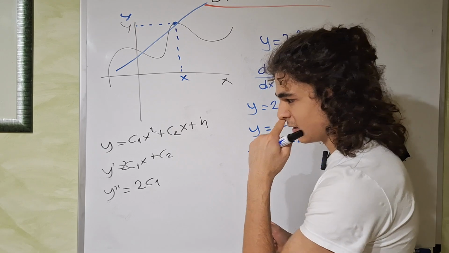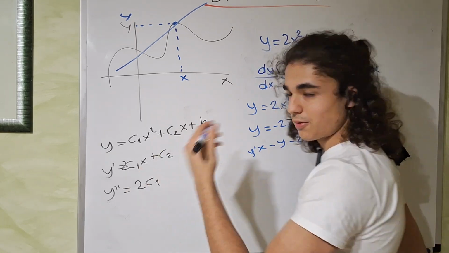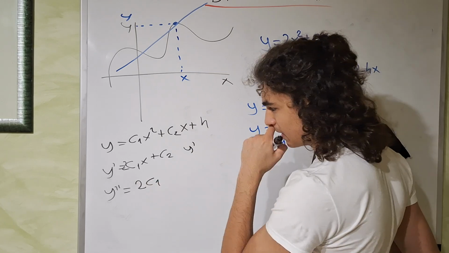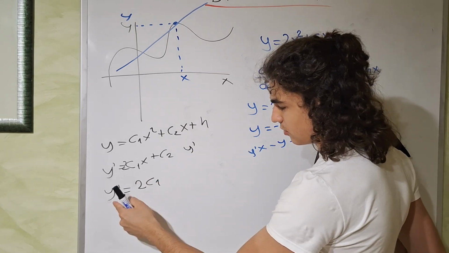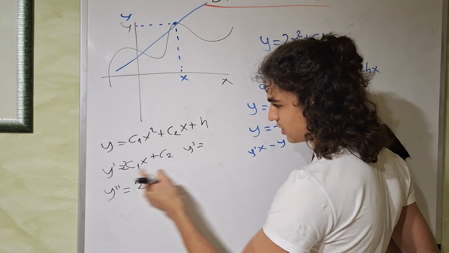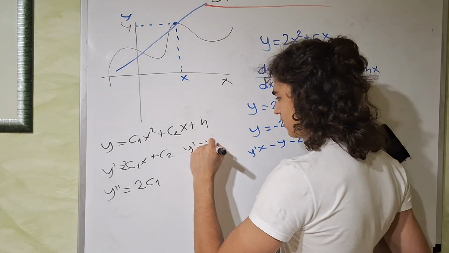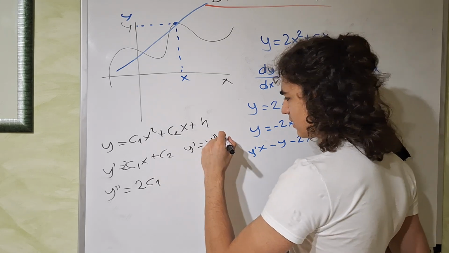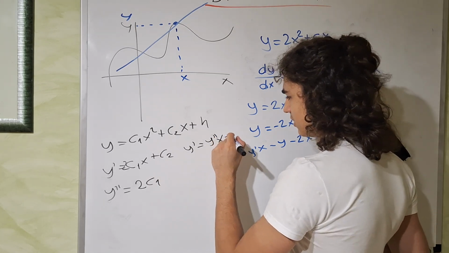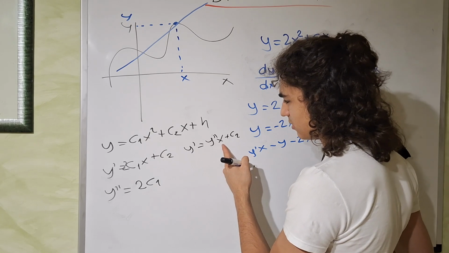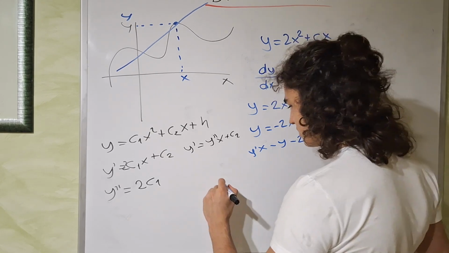We can replace it in the first derivative equation, and we get y prime equals the second derivative of y over 2 times 2, so the second derivative of the function times x, plus c2. So we also know what c2 equals to, because we only need to move this to the other side.